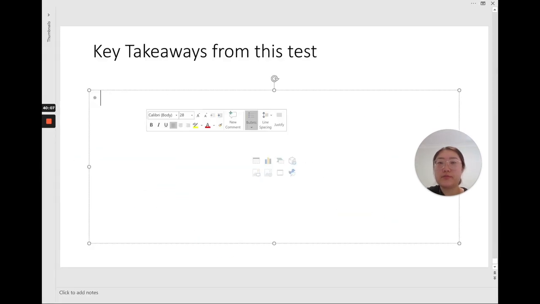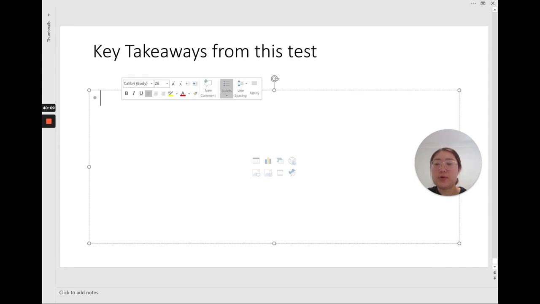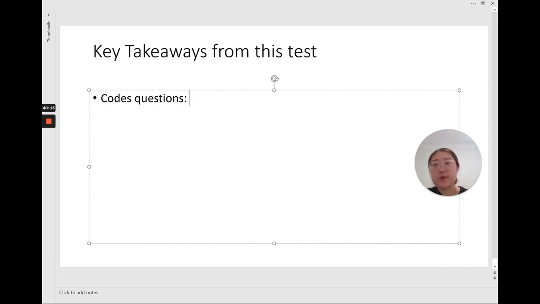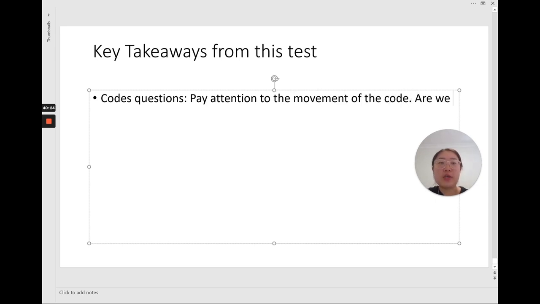So, the first one we'll talk about is code questions, okay? For code questions, I want you to pay attention, okay, to the movement of the code, okay? Are we going from the code to the normal word or vice versa?